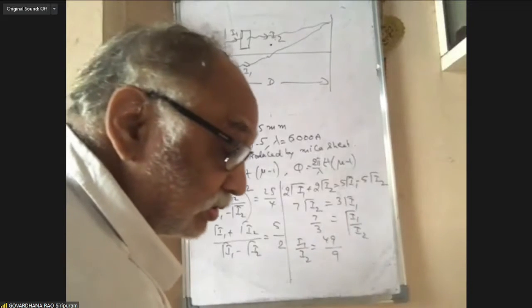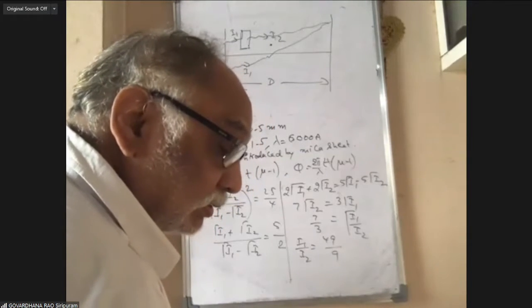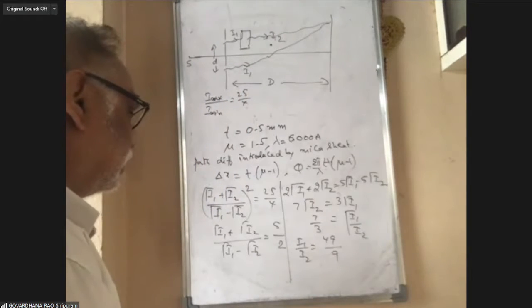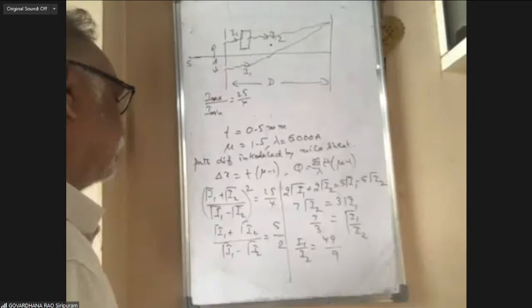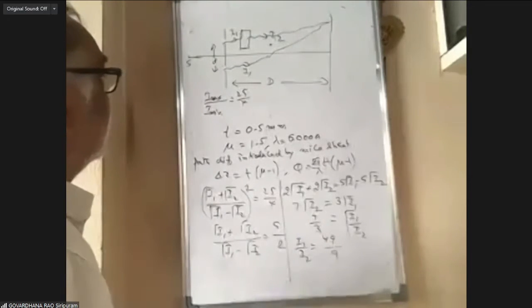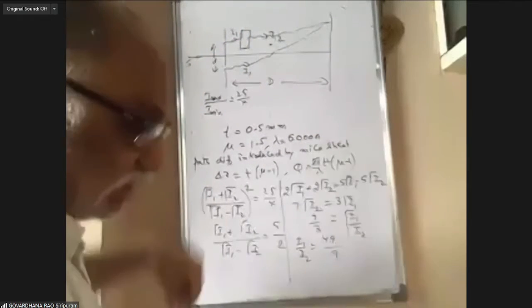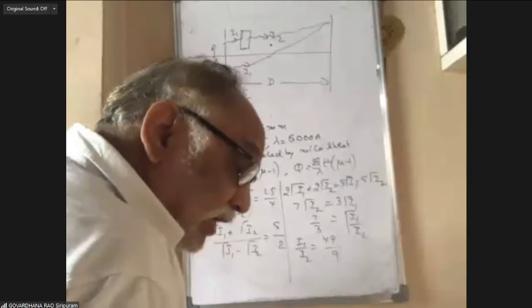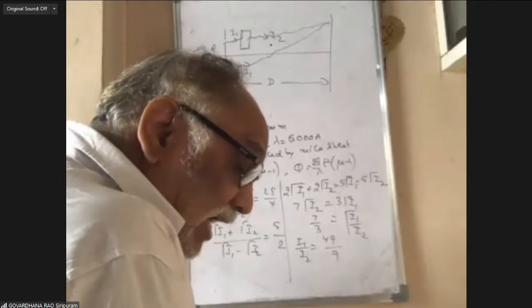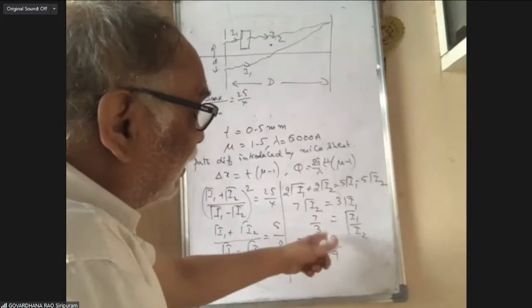Sir, it should be 3/7 now. I1 is more, right? Transmitted intensity decreases. Whatever, the ratio of intensity transmitted to incident is 9/49.